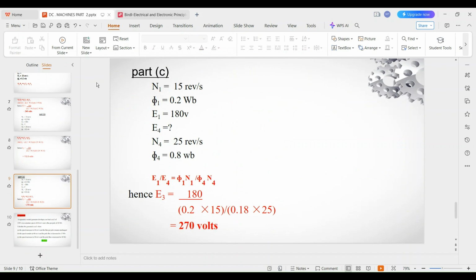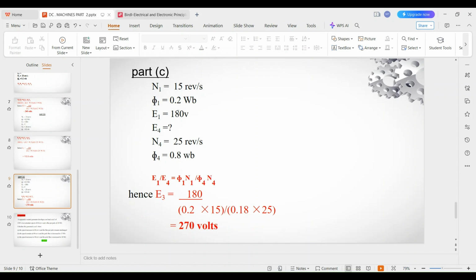Part C of the question says the speed increases to 25 revolutions per second, and the flux per pole is decreased to 0.18 Weber. So here is the solution. N1 is equal to 15 revolutions per second. Phi 1 is equal to 0.2 Weber.